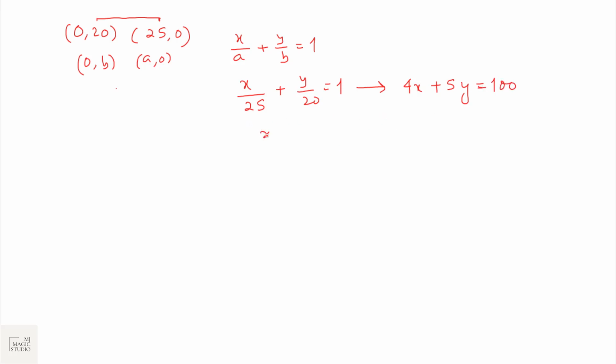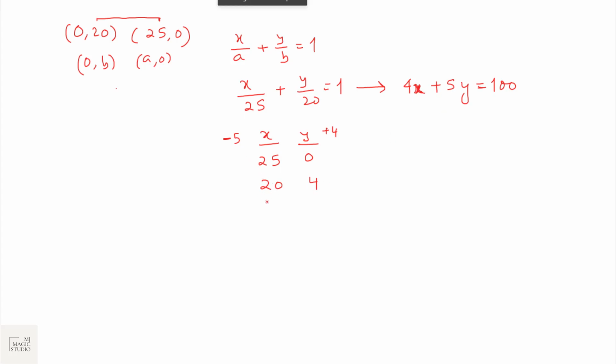Now we'll start with the first solution, 25, 0. Here you can see the coefficients of both x and y are of the same sign, that is plus. So we'll start decreasing the value of x by 5 and increasing the value of y by 4, and we will always end up getting 100 as the solution. 25 minus 5 is 20, y is 4. 20 into 4 is 80 plus 5 into 4 is 100.